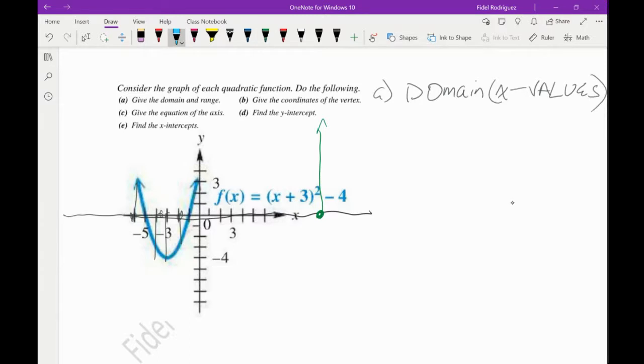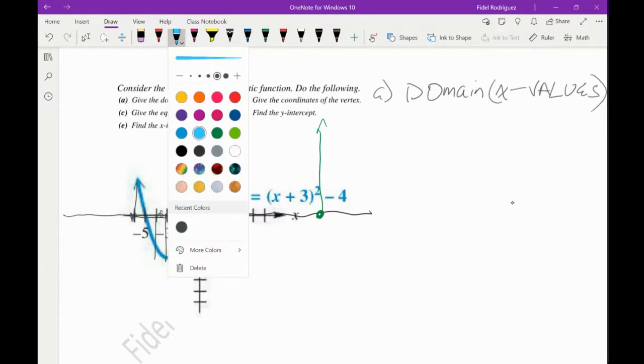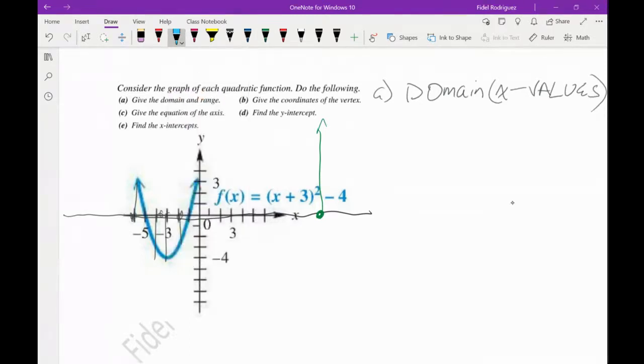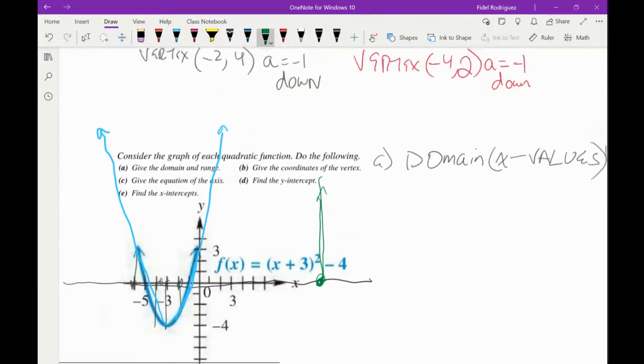Well, I want you to think about the way this graph is shaped. It's going up, and it's going up, and it's going up forever and ever, right? So if I picked this point here and I went up, do you think I would hit my graph?